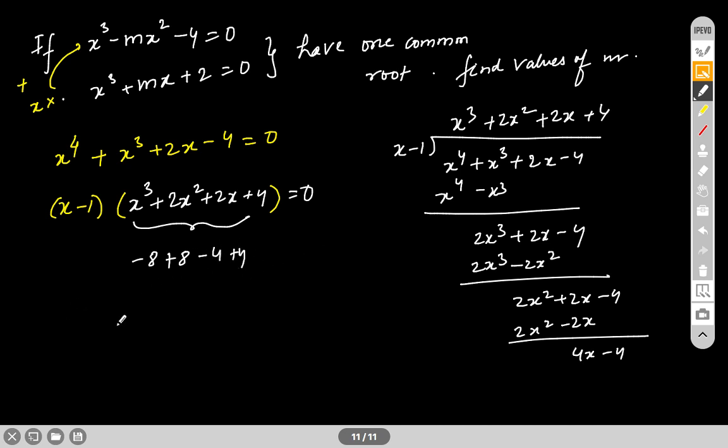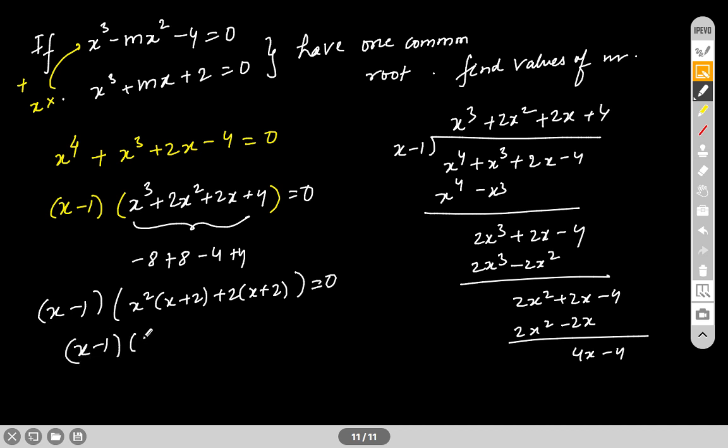That means you can further pull out a factor of x plus 2. In fact, you can factorize this easily. So x minus 1, x plus 2, x square plus 2. Now of course, this cannot give a real root. Only real root could be 1 or minus 2, right?